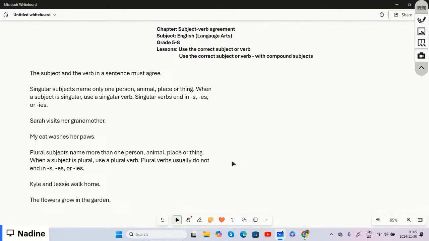So when it comes to subject verb agreement, the subject of a sentence and the verb within that sentence must agree.